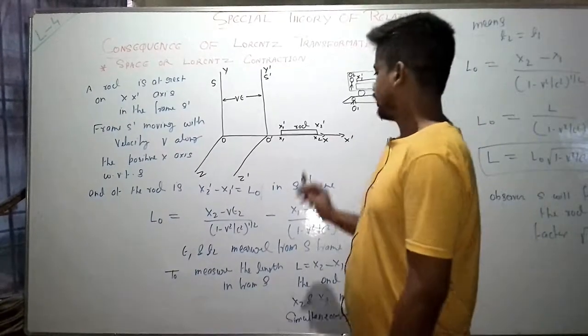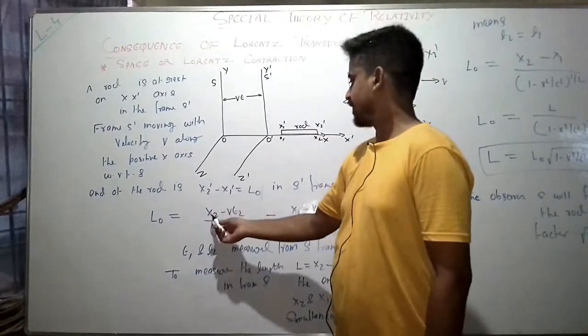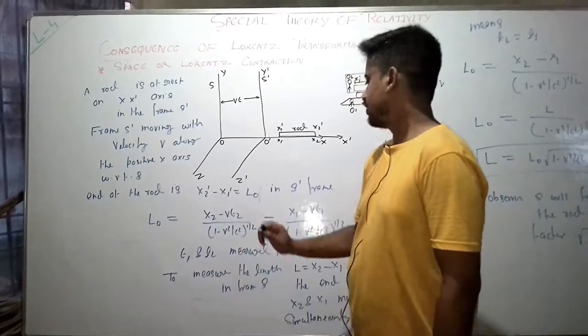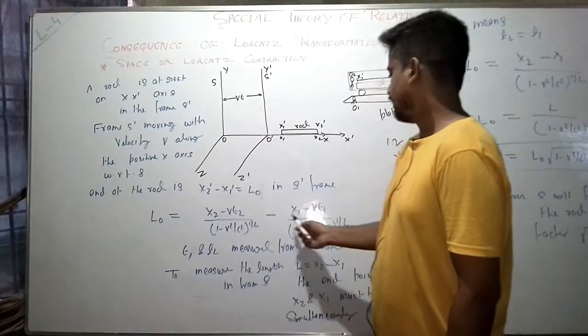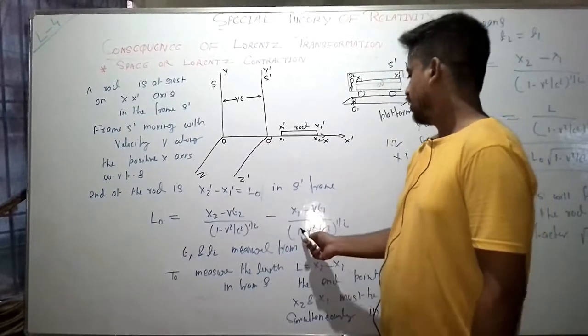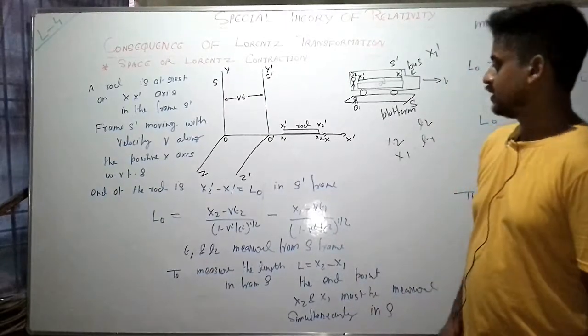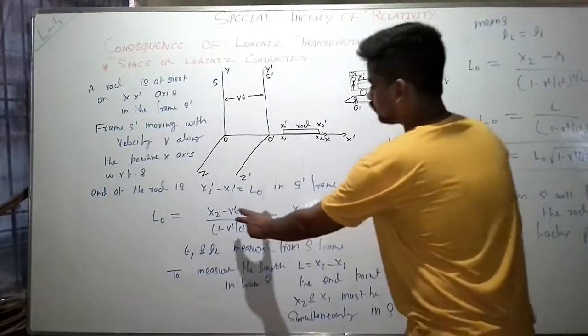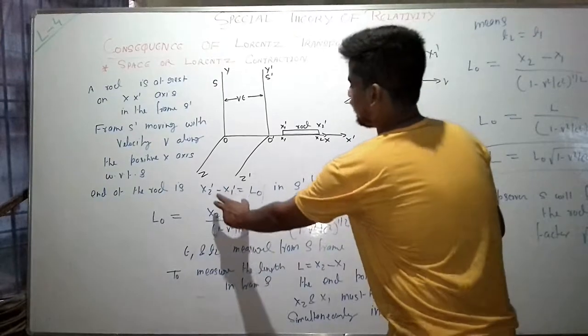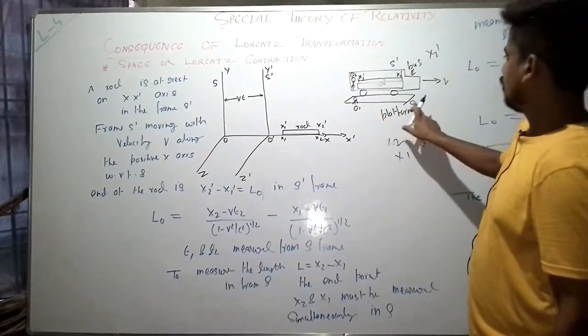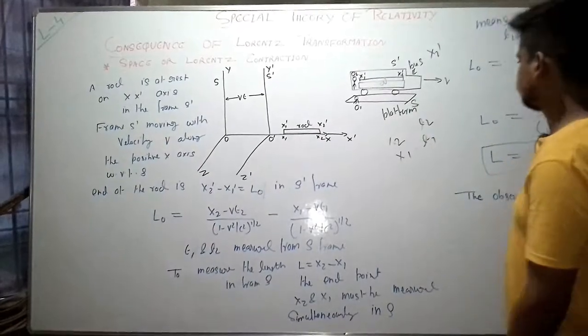So according to the Lorentz transformation, x2 dash will be x2 minus vt2 divided by root 1 minus v square by c square, and x1 dash will be x1 minus vt1 divided by root 1 minus v square by c square. So these are the end points of the rod seen by the observer on the platform S.